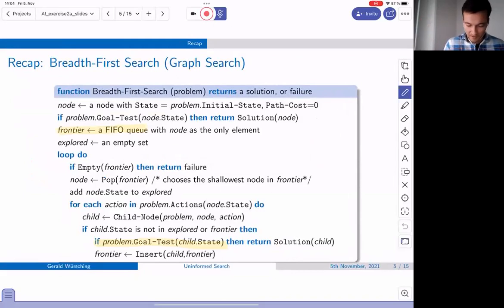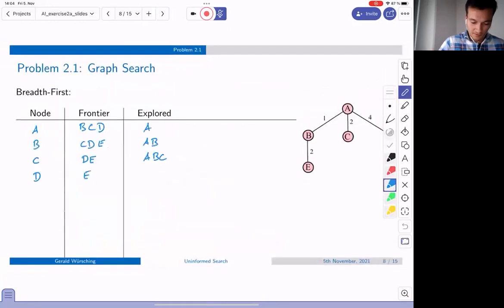So we do not even add this child to the frontier because, as you see in this line here, we pick the child, we perform a goal test, and then our algorithm terminates. So we return the solution directly here. This means our frontier only includes E. Our explored set, what does it look like? Maybe you could quickly type in the chat.